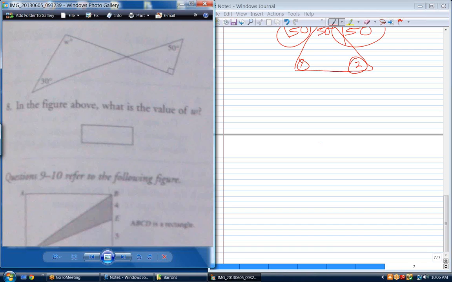Okay, we know that that's a right triangle. Okay. So what's this angle? 30? 40.